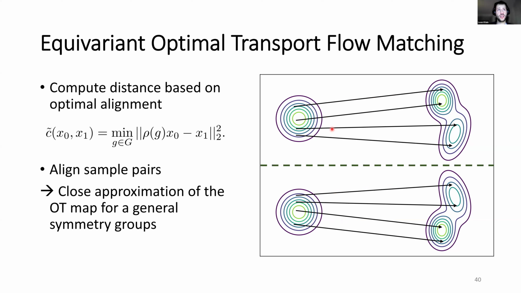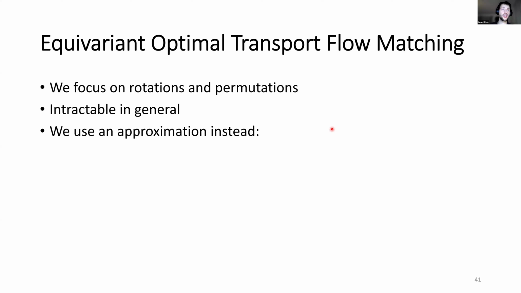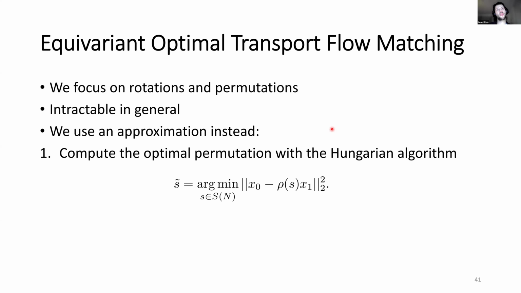However, in this work, we're mostly interested in rotations and permutations. Unfortunately, for the combination of these symmetry groups, it's usually intractable to find the alignment. So we use an approximation instead for this. And this is how we do it.